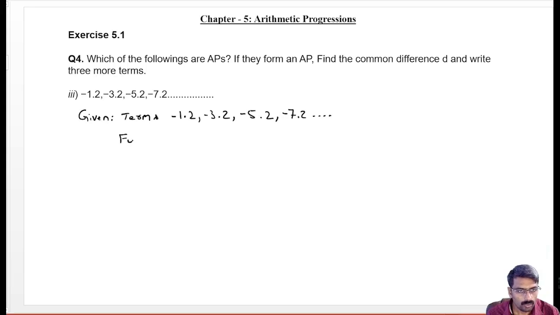We would write our first term, which is A1, that is equal to minus 1.2, and we would find the common difference.